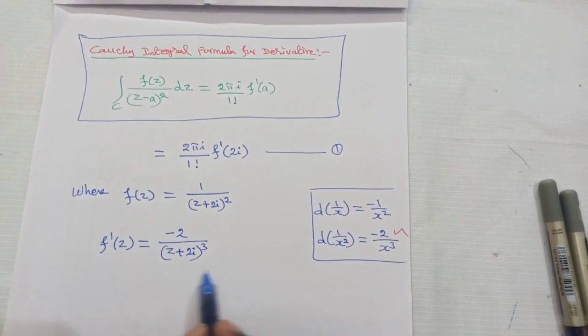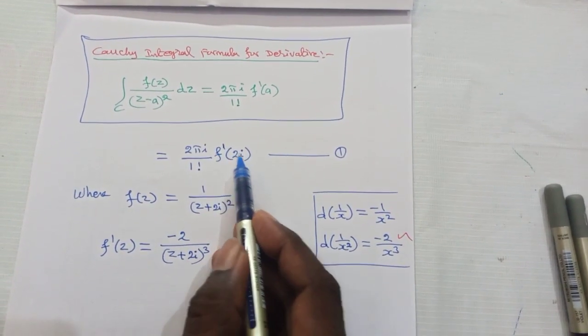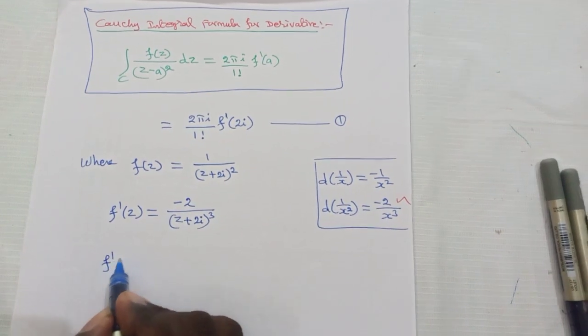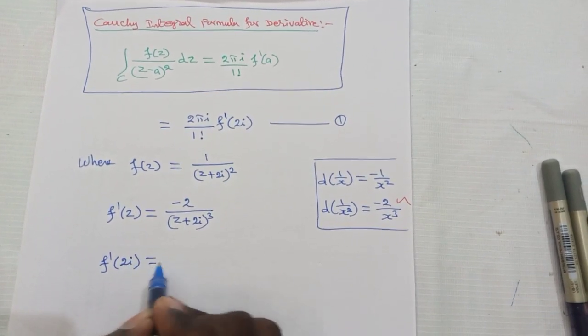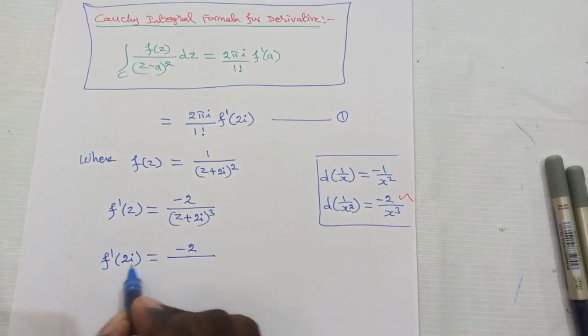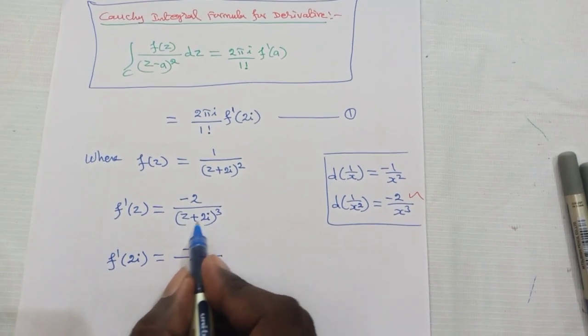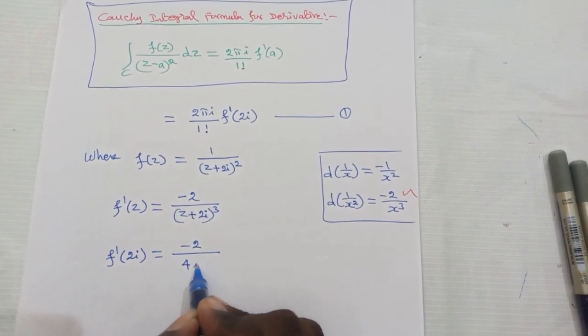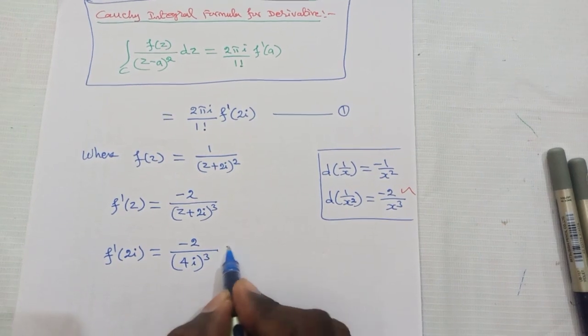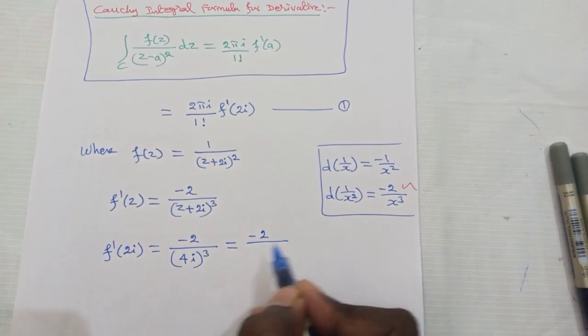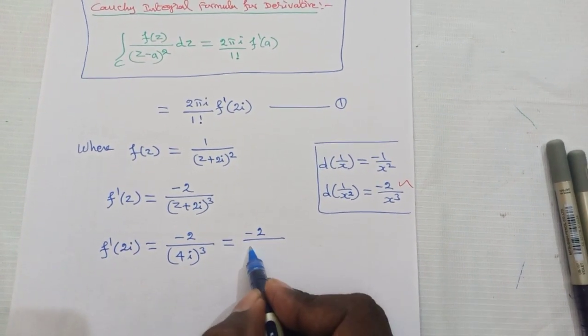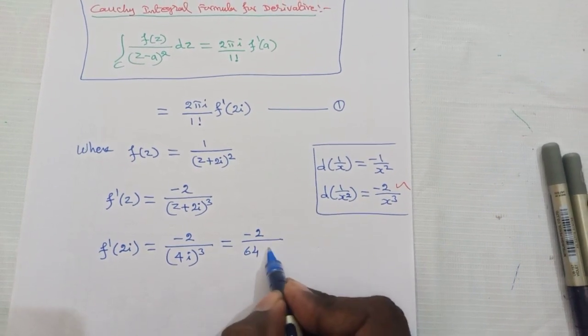So this is f dash of z, but I want f dash of 2i. f dash of 2i is equal to minus 2 by, putting z equal to 2i, 2i plus 2i, 4i, so (4i) the whole cube. So minus 2 by 4 cube, which is 64, and i cube.